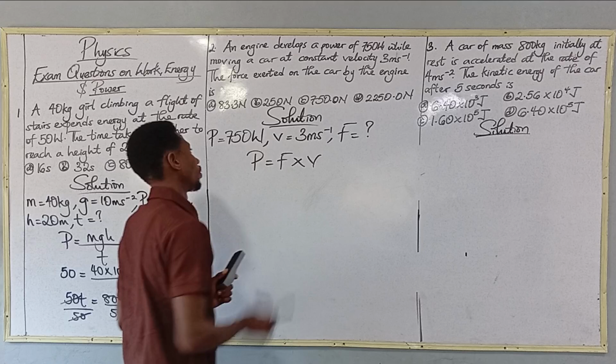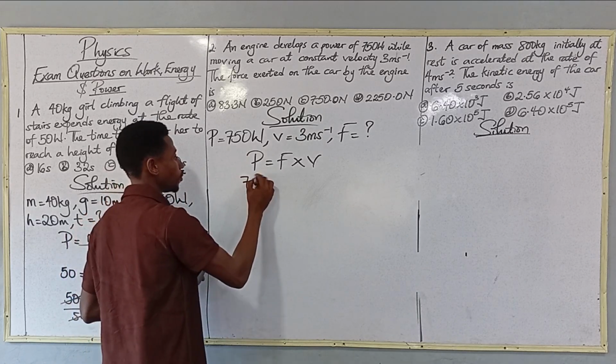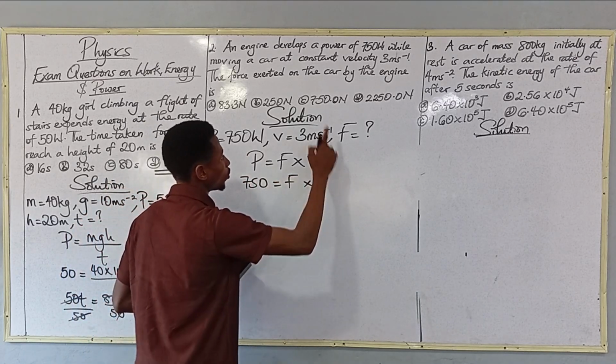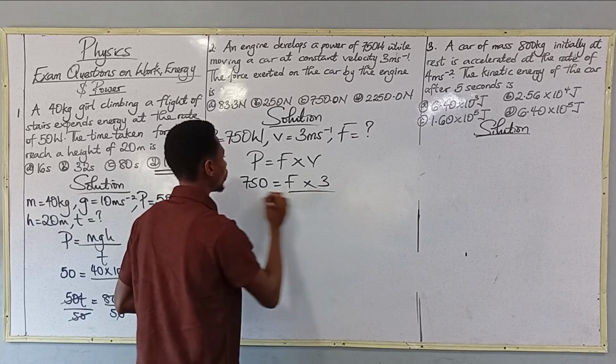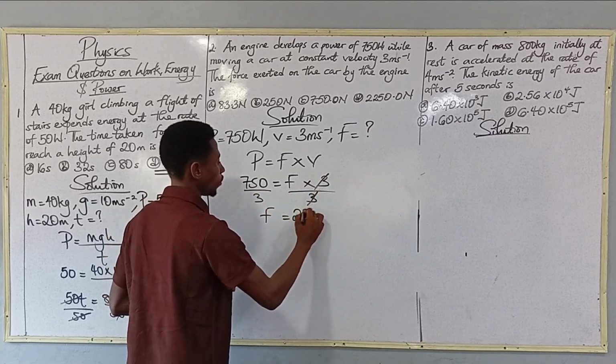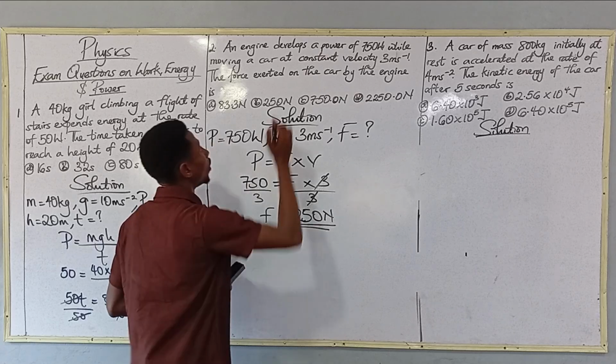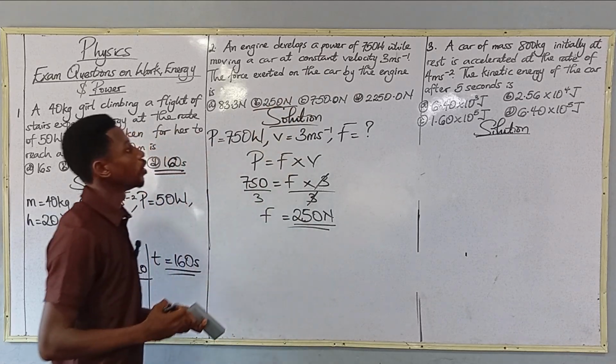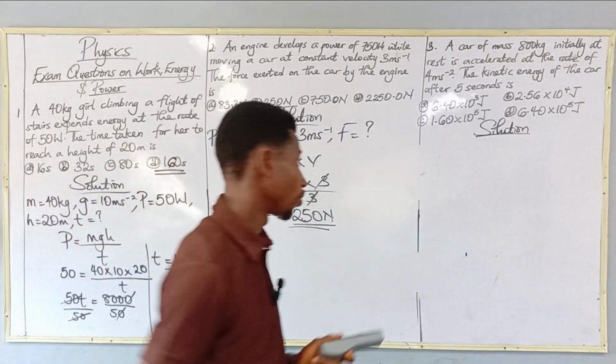So the force is what we're looking for. The power is 750, the velocity is 3. So we can divide both sides by 3, and we shall have our force as 250 Newton. The answer to that question is B. I hope that is also clear.